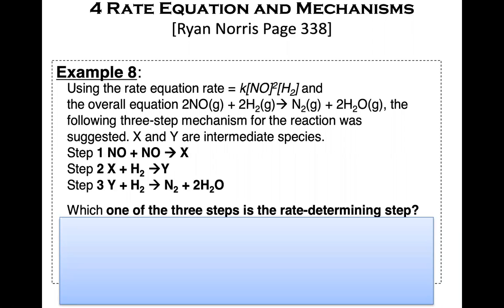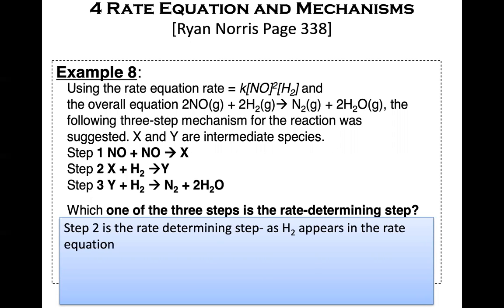Mirza, step 2. In step 2, there's only X. No one wants to vote step 1 because step 1 has nitrogen monoxide, 2 of them. There's only one slow step in the reaction. Now you change your mind. Step 2. Okay, right. The answer is step 2.